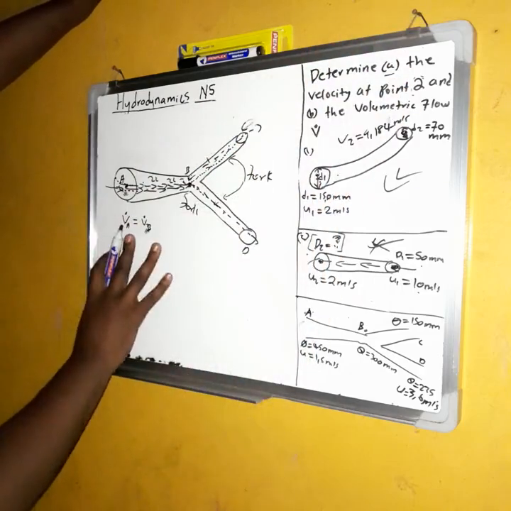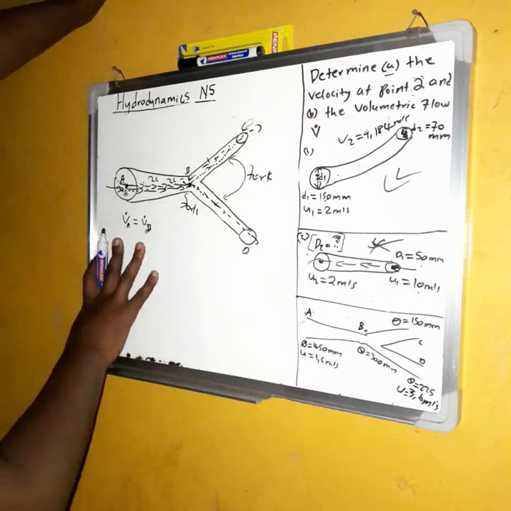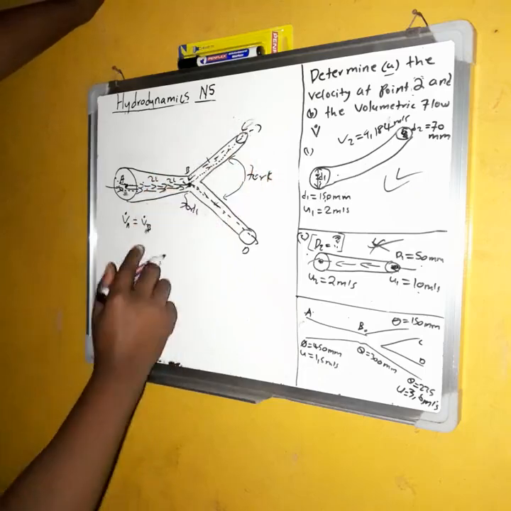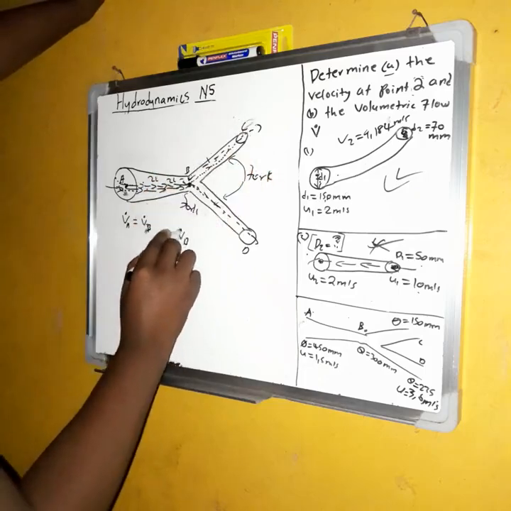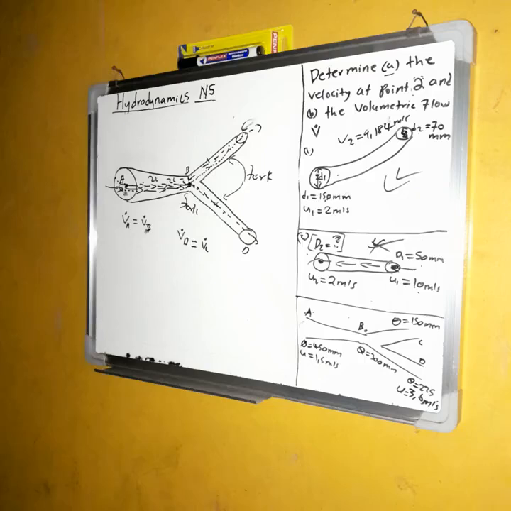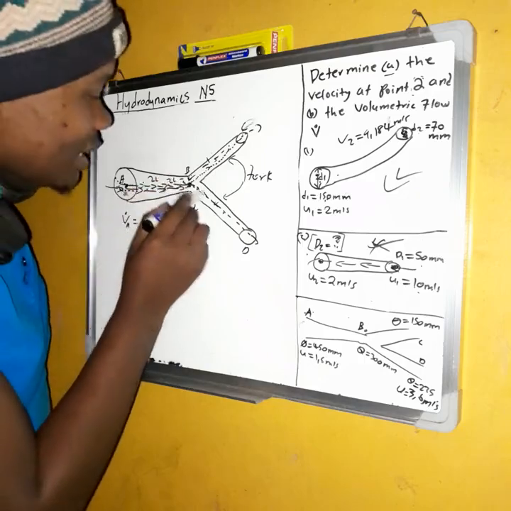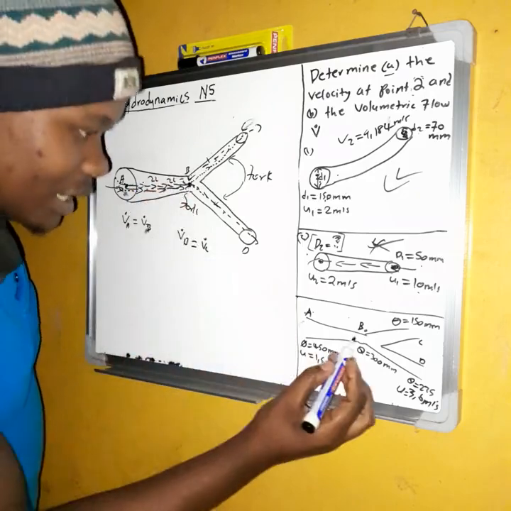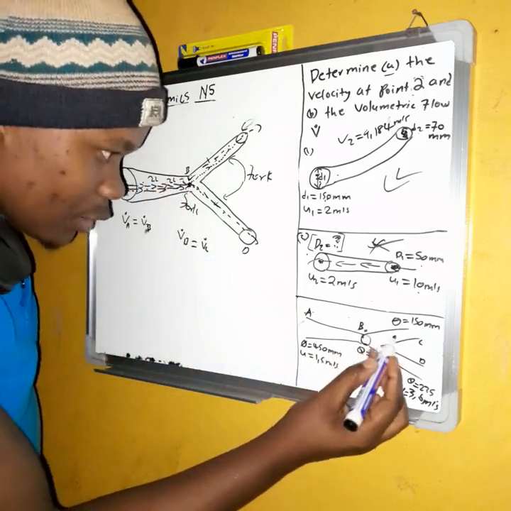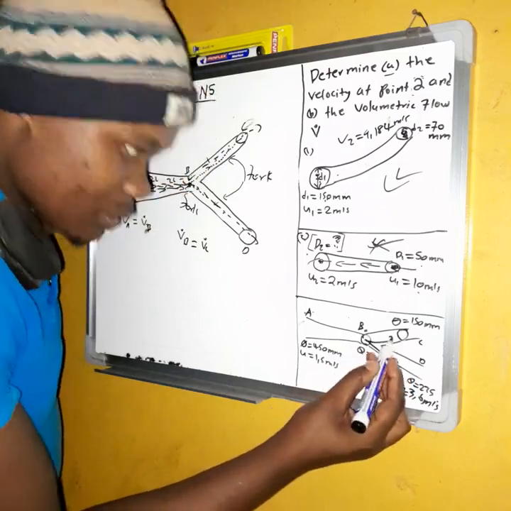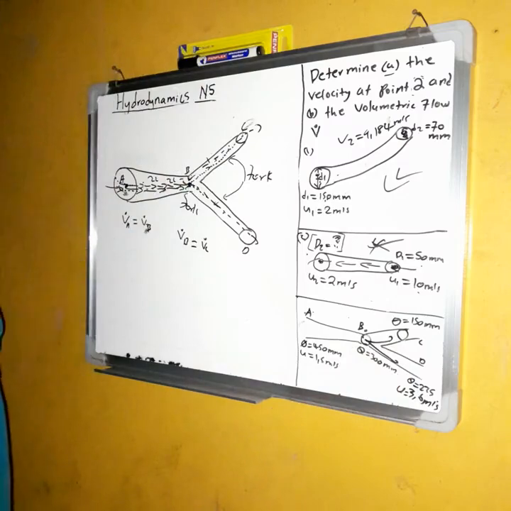That means from here we can apply this formula, but you cannot apply it here. You cannot say VB is equal to VC. It's wrong. Why? Because the water splits, the amount of water at B cannot be the same as the amount here, because the water splits and won't be equal.